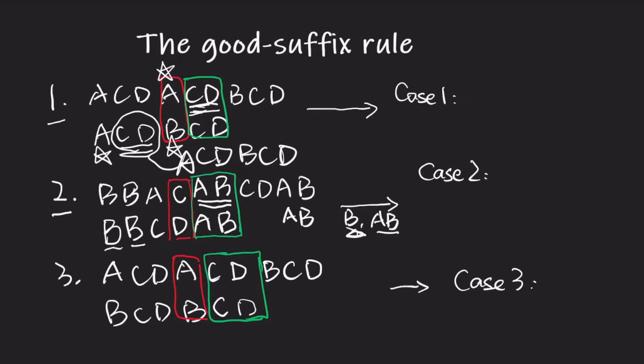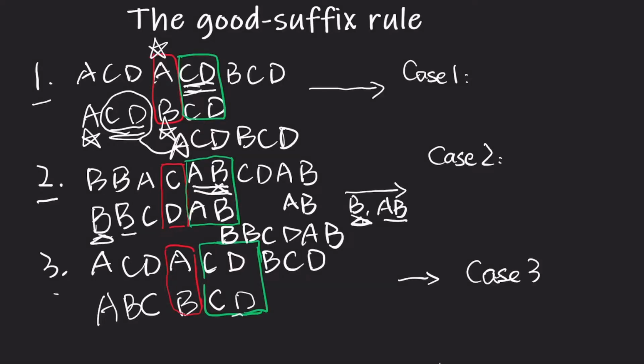Here, B happened in the prefix. We can align the same part, that is B, with this one, and B, B, C, D, A, B. This is case 2.